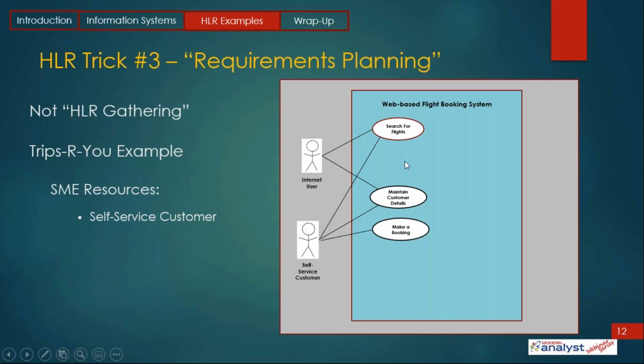Now, they said, for sure, at the time you make a booking, we need them to register. Okay, so there will be a business activity to maintain customer details. So initially, the internet user will create themselves, and then once they're a user, they'll maintain their information. So there's another business activity that's in scope we need.